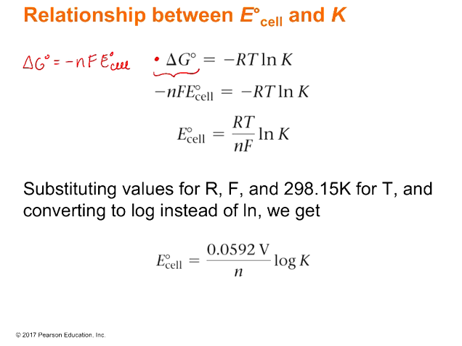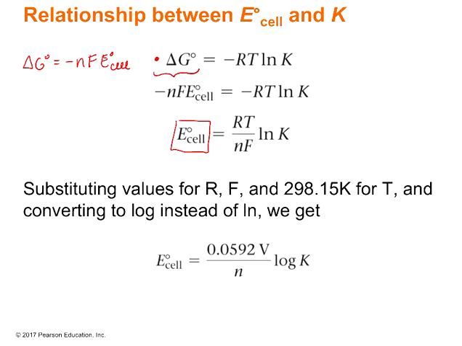Then we can set that equal to negative RT times the natural log of K. And if we rearrange the equation, we can solve for E cell. So we can say that the cell potential is also equal to RT over nF times the natural log of K. Or we could also solve for K, we could solve for T. It just depends on what we're trying to determine.